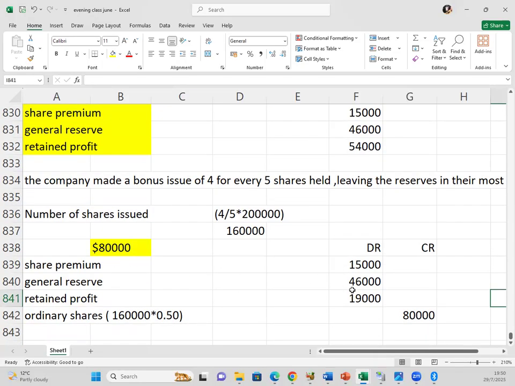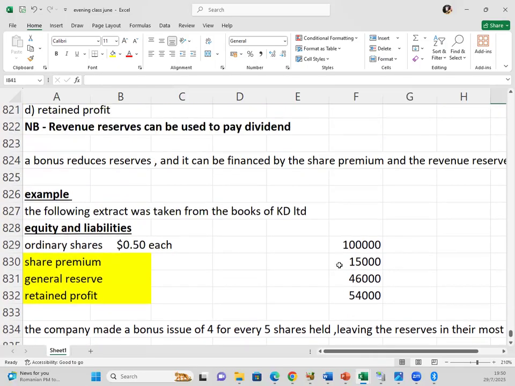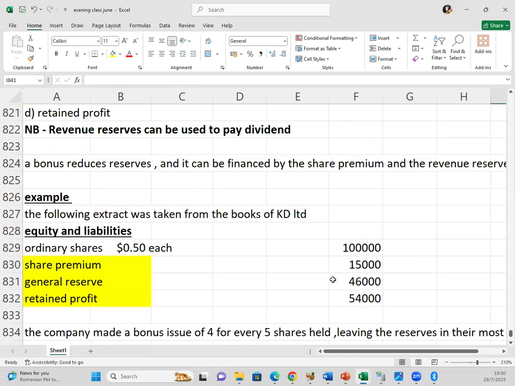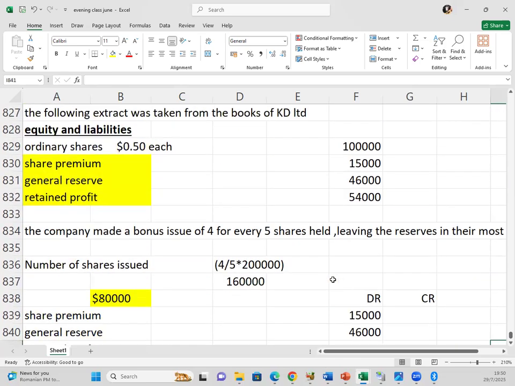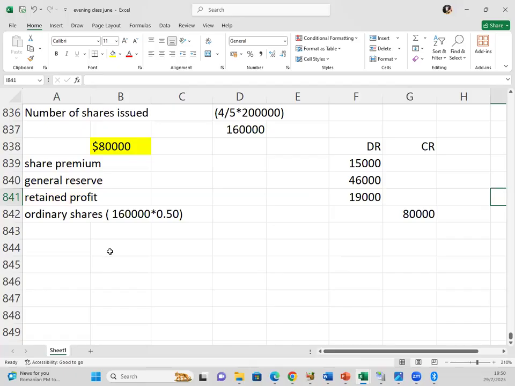So you move to the next reserve, you take the balance to make it 80,000. So that is the bonus issue. That's with the bonus or scrip issue. Shares are not being paid for. The shareholders are getting this for free. So it tends to affect our reserves.